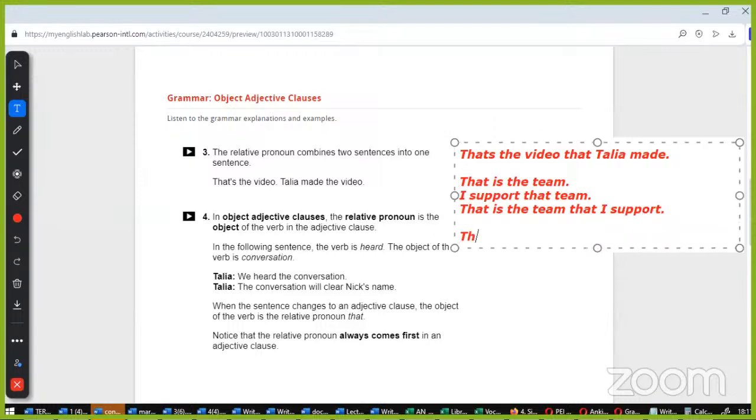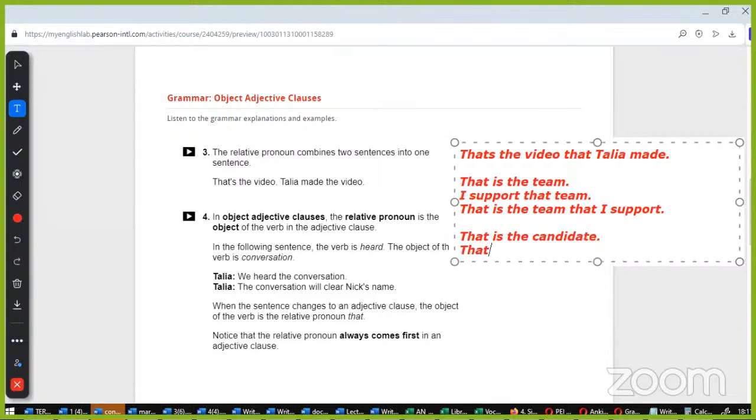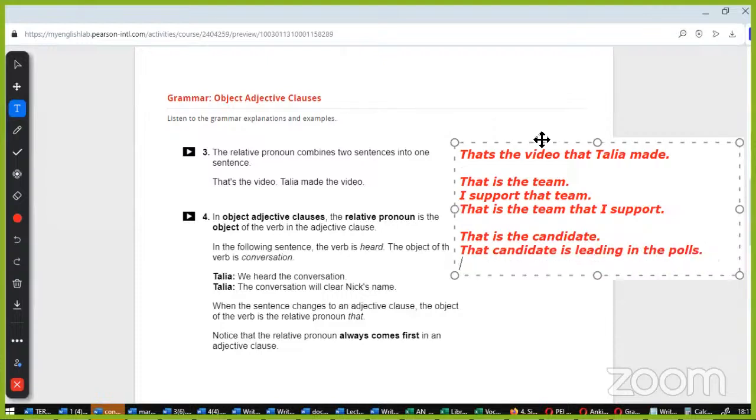Let's do another one. Okay, can you join these two?